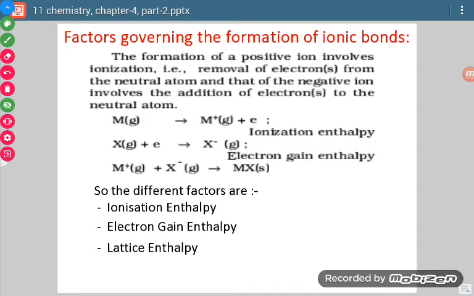Similarly, formation of negative ion means there is addition of electron, and that process involves electron gain enthalpy.